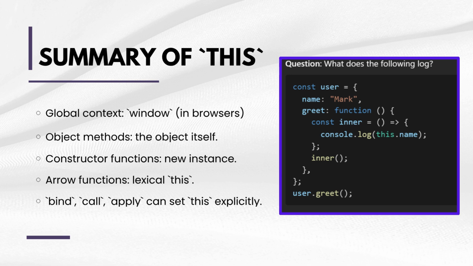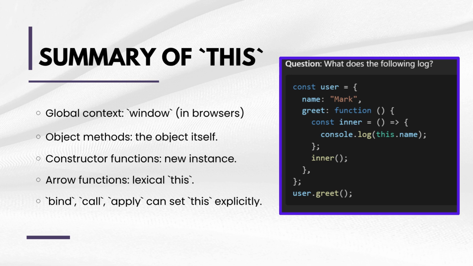Okay, for a quick summary, we discussed four behaviors of this and ways we can handle it. The first one is the global context. In the global scope, it is the window. In an object, it is the object itself.